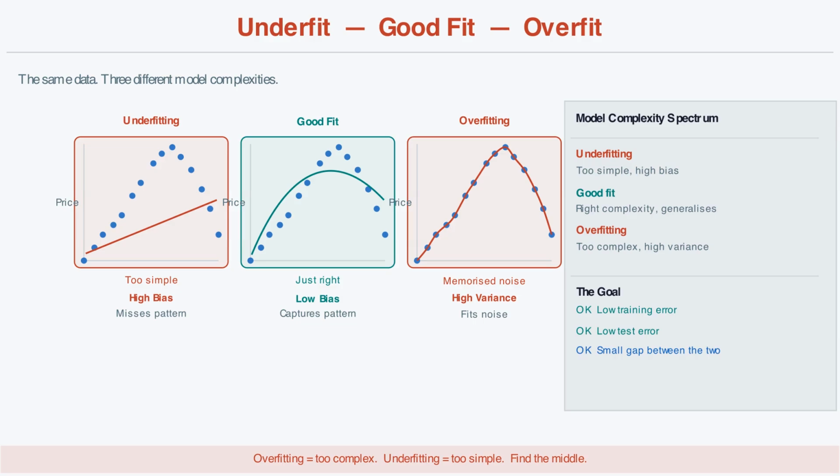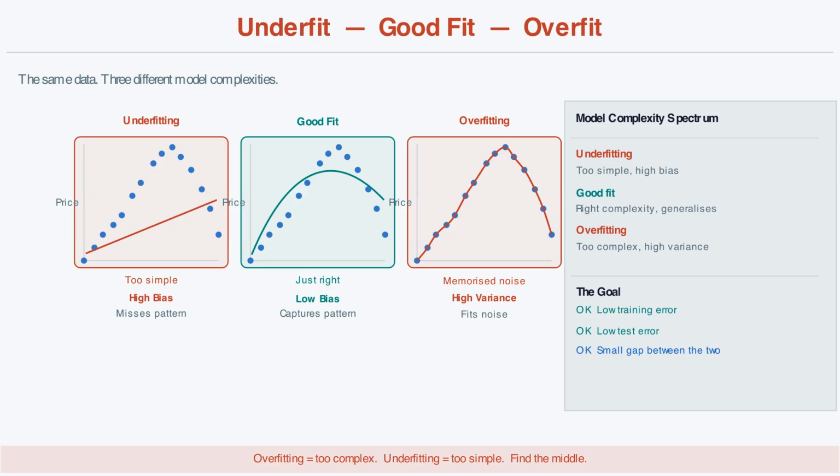Second curve, a smooth, gentle arc. This model captures the real shape of the data without chasing every individual point. Give it a new house it has never seen, and it will make a reasonable prediction. This is a good fit. Third curve, a wild wiggly line that passes through every single data point exactly. Train accuracy, 100%.